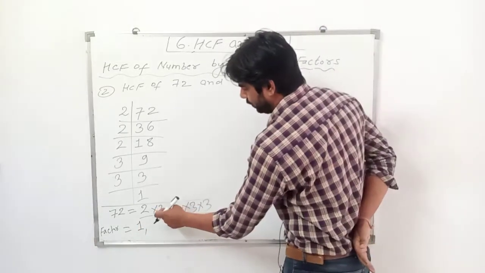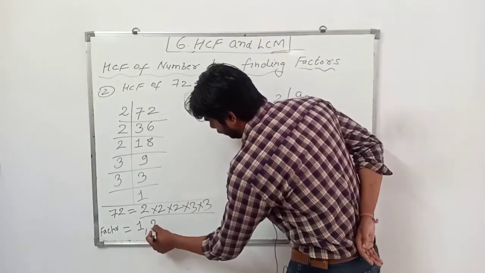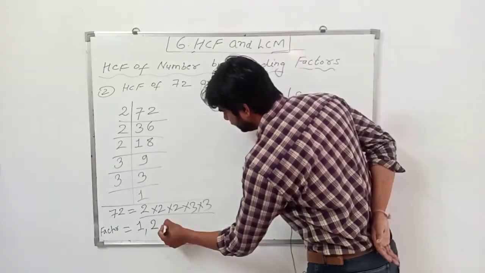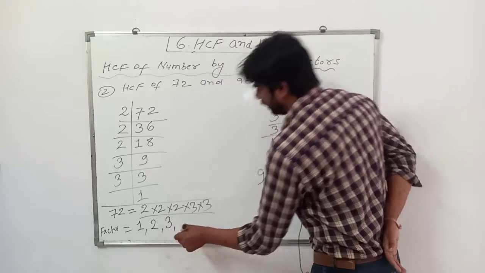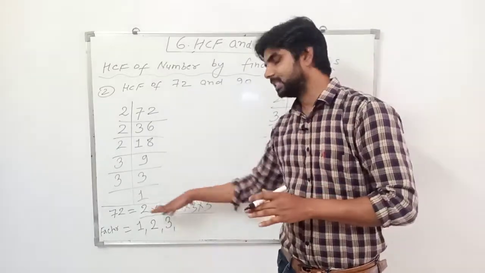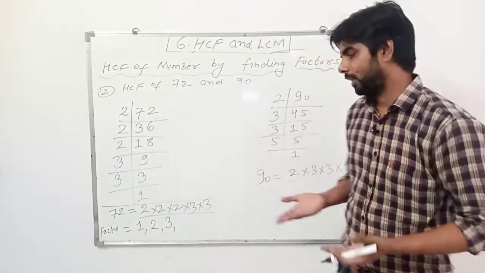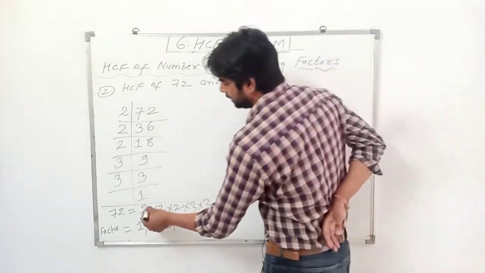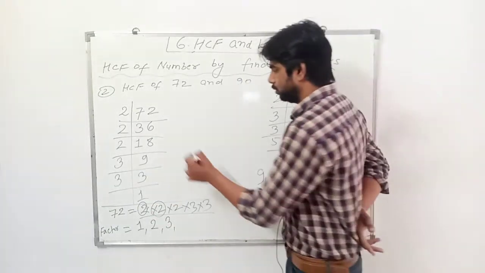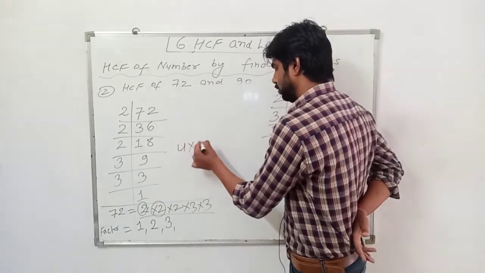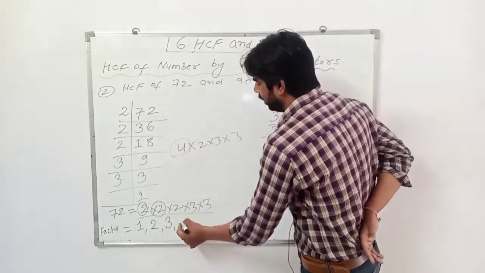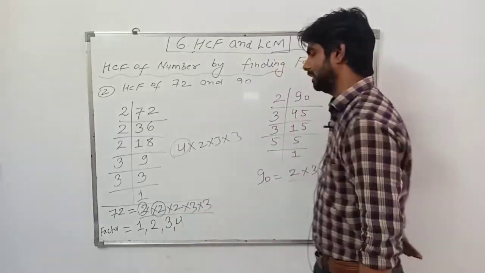Next, 2 is here, meaning 2 is also a factor of 72. 3 is also in the multiplication, so 3 is also a factor. Now we will multiply these numbers to get more factors. 2 is here and 2 is here, so we can multiply them to get 4, into 2 into 3 into 3. So 4 is also a factor.